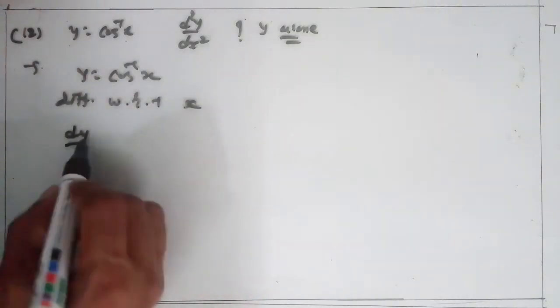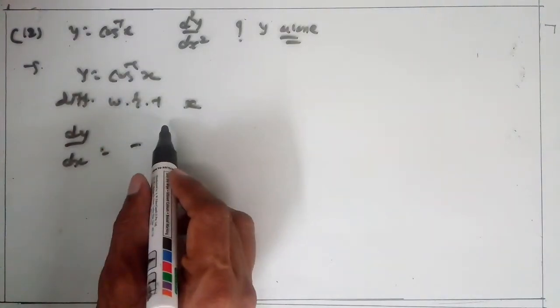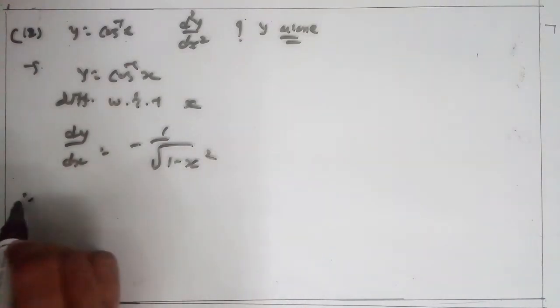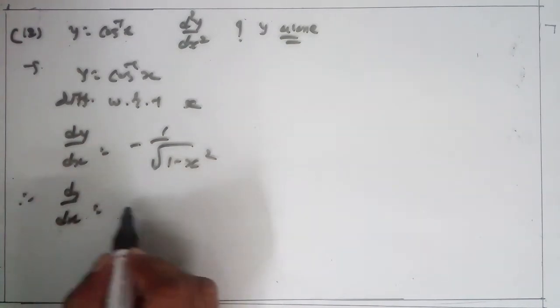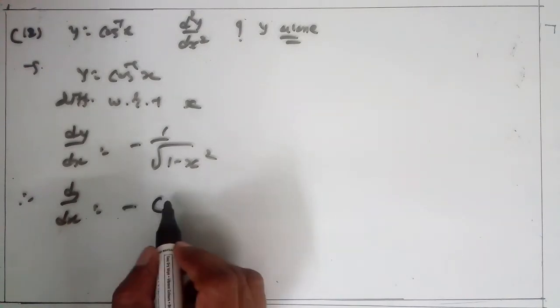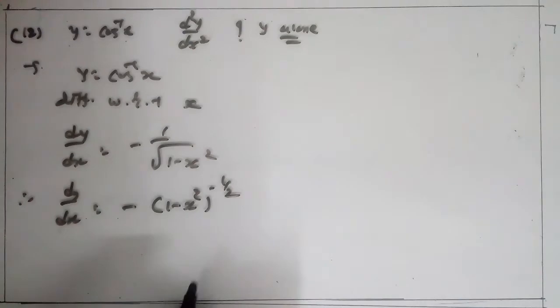We get dy/dx is equal to the derivative of this, we know that, minus 1 upon root of 1 minus x squared. Clear? Therefore dy/dx is equal to minus root of 1 minus x squared, writing it in the numerator applying a power of minus 1 by 2.